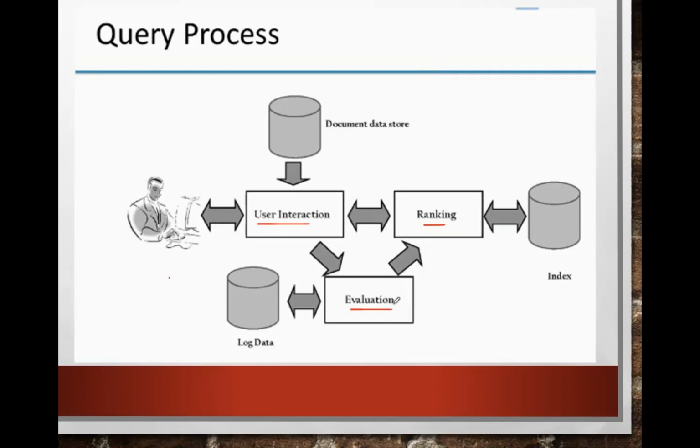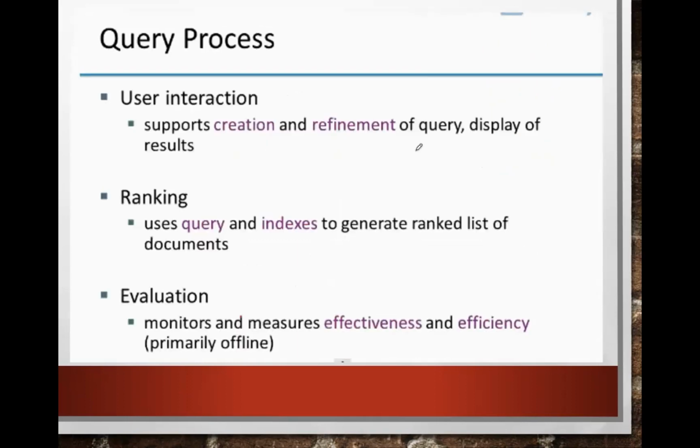In the ranking step, the query as well as the indexes are used to generate a ranked list of documents for the user query, so that the documents are arranged according to the ranking. Evaluation monitors and measures effectiveness and efficiency. We'll see them in detail. This is just a brief description of the query process.